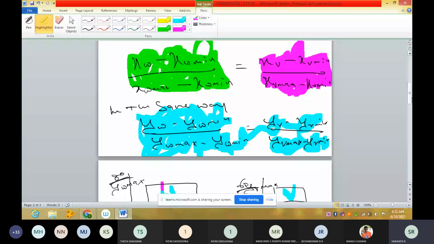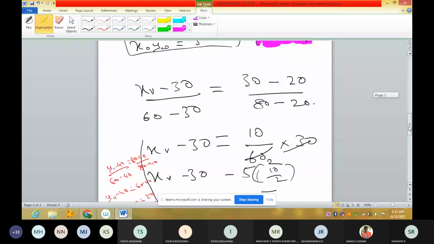What you are supposed to do is substitute the values in the formula. xv minus xv minimum divided by xv maximum minus xv minimum is equal to xw minus xw minimum divided by xw maximum minus xw minimum.